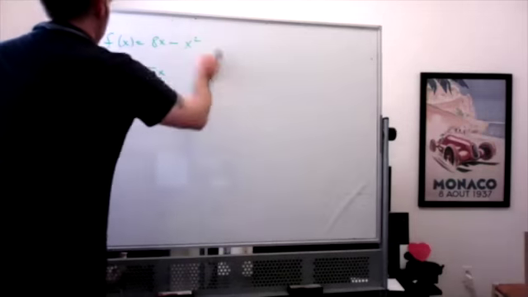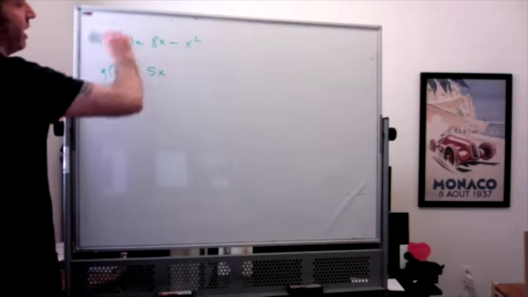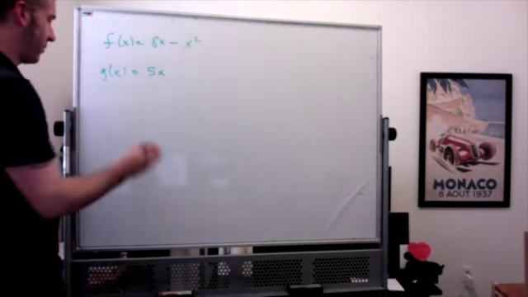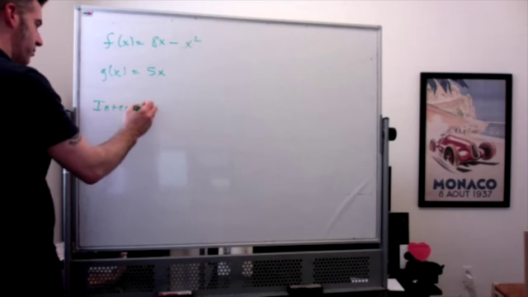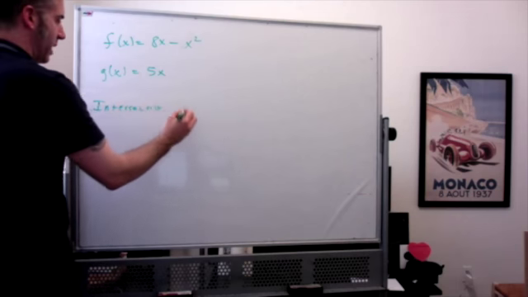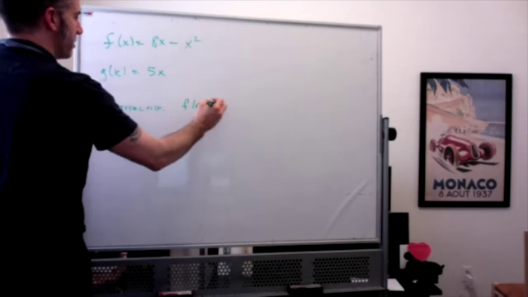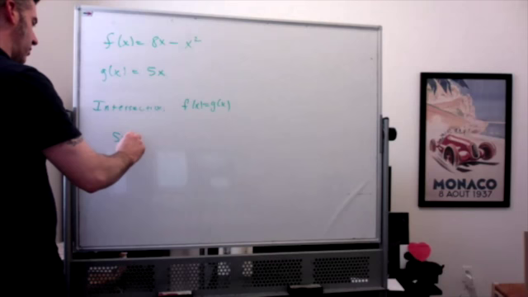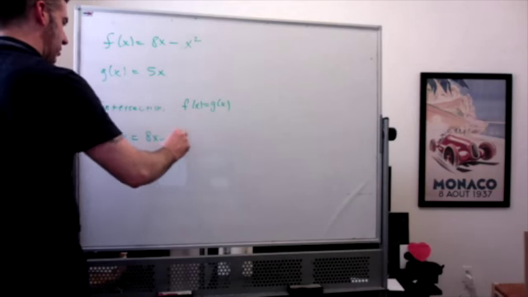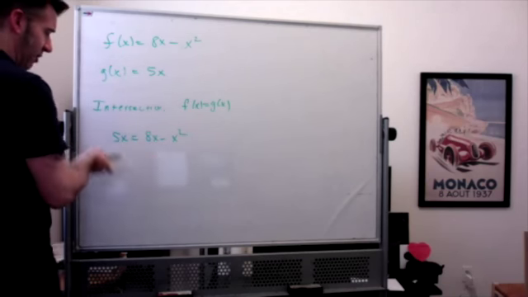Okay, so I want to find the area bounded by these two graphs. First I'm going to find the points of intersection. So we're going to set f of x equal to g of x. We get 5x equal to 8x minus x squared. I'm going to bring everything to the left.